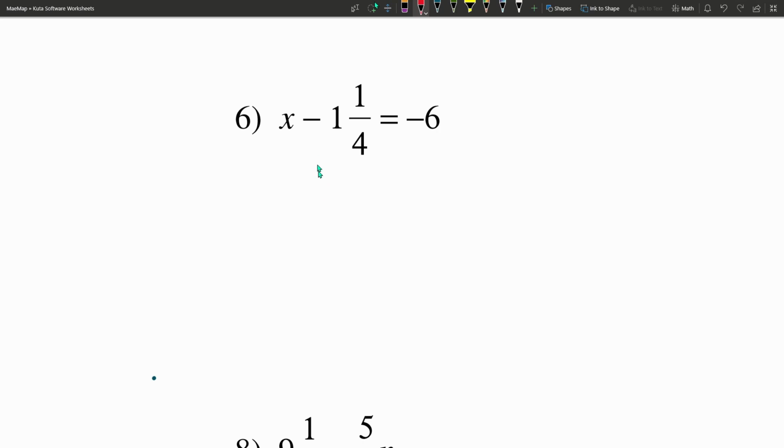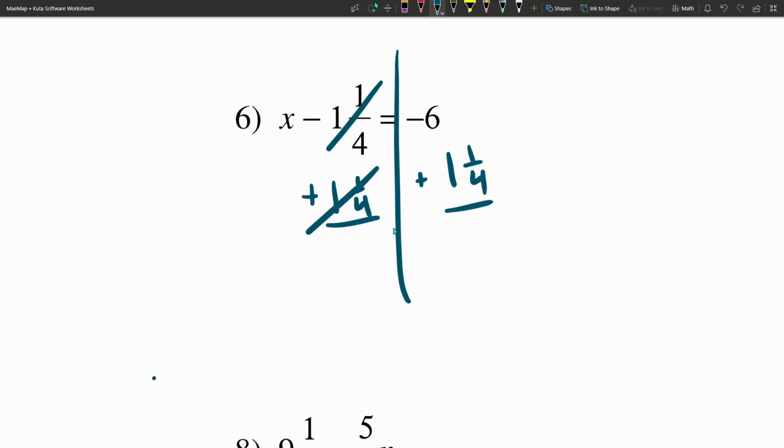In number 6, we have x minus 1/4 equals negative 6. What am I going to do? I'm going to add 1 1/4 to both sides. And by adding 1 1/4, we get rid of it on our left-hand side, so all we have is our x. And on our right-hand side, let's think about negative 6 plus 1.